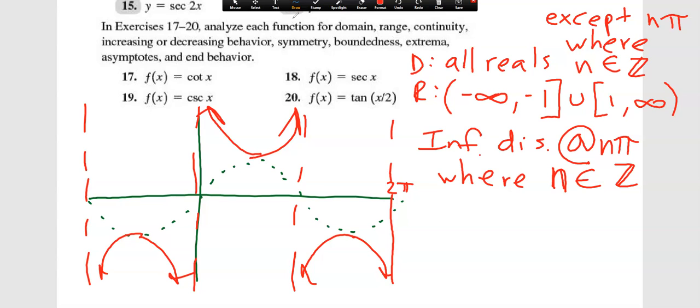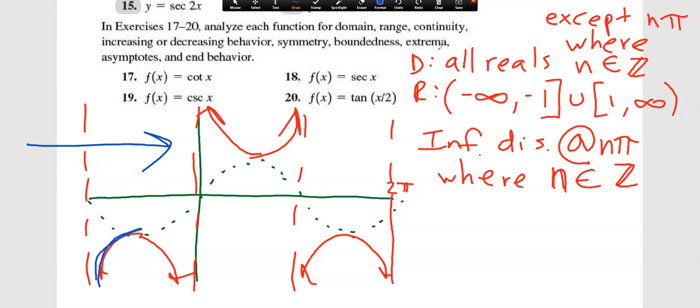How about increasing or decreasing? Well, this could get kind of complicated. Because as you're moving through the graph, isn't it increasing for a ways and then decreasing, and then decreasing and then increasing? Isn't it jumping back and forth? Besides the fact that you got these asymptotes in the middle.